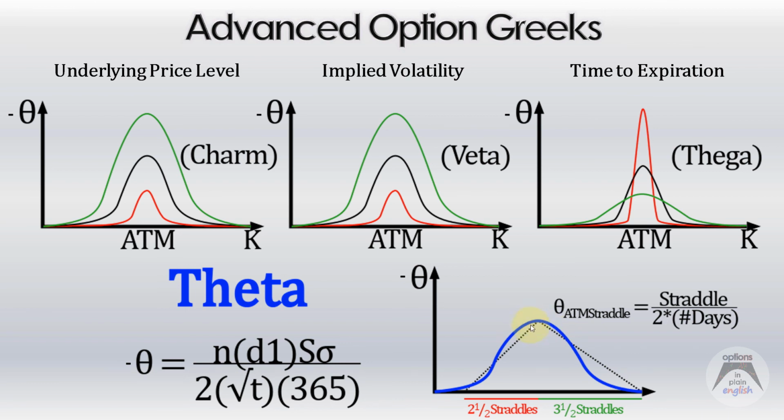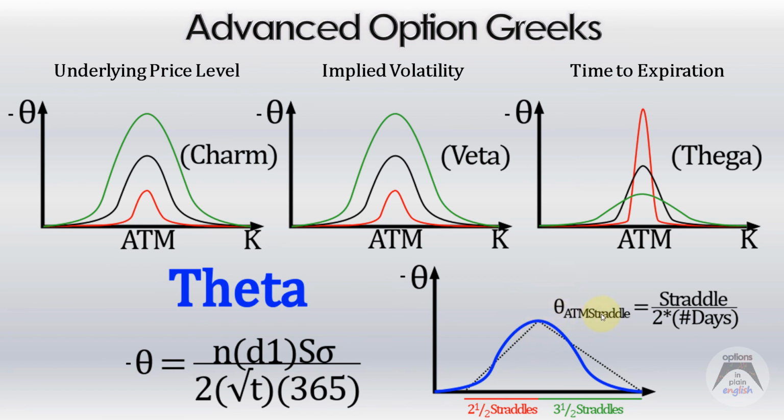In reality, it's not symmetrical. It's a little bit pushed to the right, because on the upside there is no limit. So that's why in this case it would be log normal, and because of that, the range is 3.5 on the way up and 2.5 on the way down.